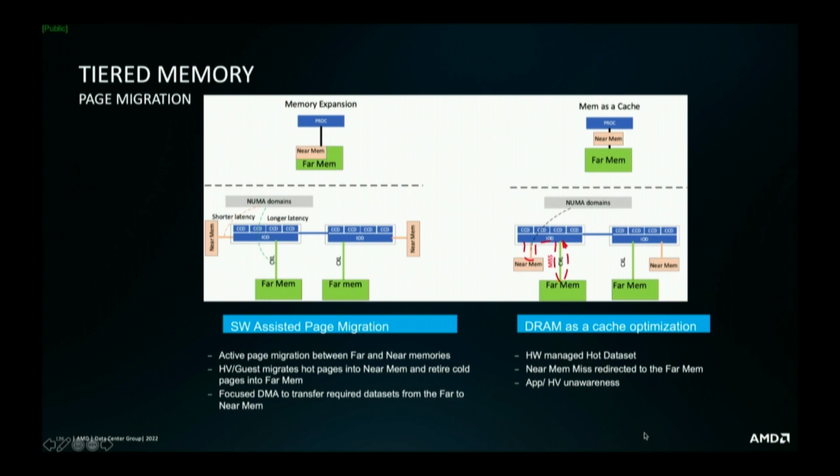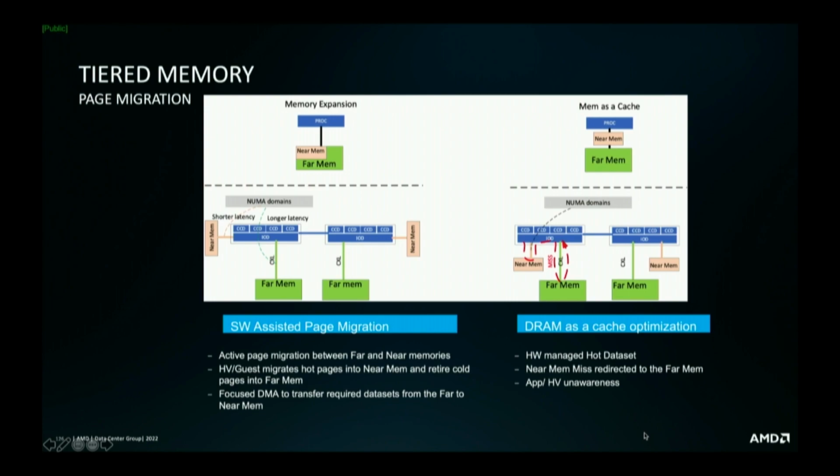And so when it comes to tiered memory, we talk about page migration, and one of the ways of doing it is either you give the control to the software, or you do it in hardware. There are pros and cons to both approaches. If you do it in software, typically your hypervisor or your application has a far better understanding of when it is seeing a slowdown in runtime performance.